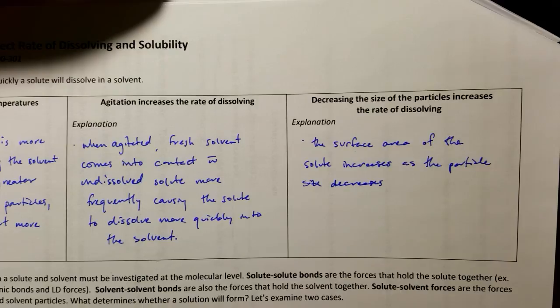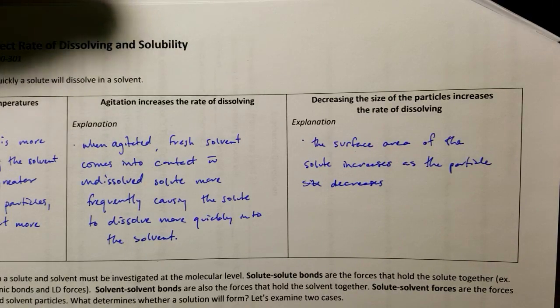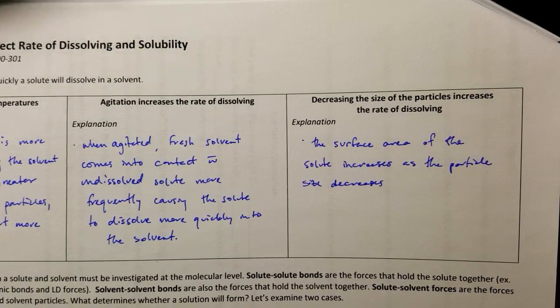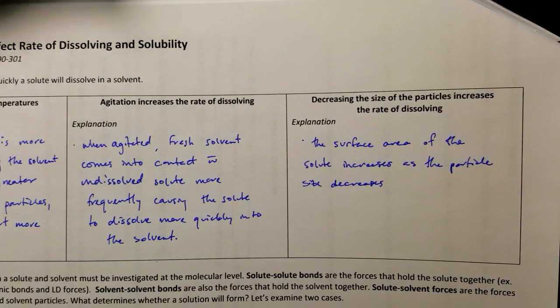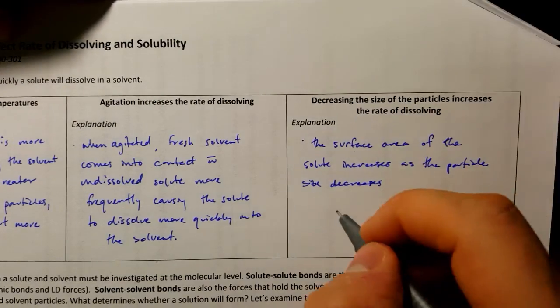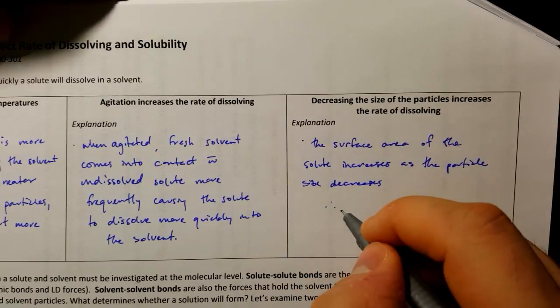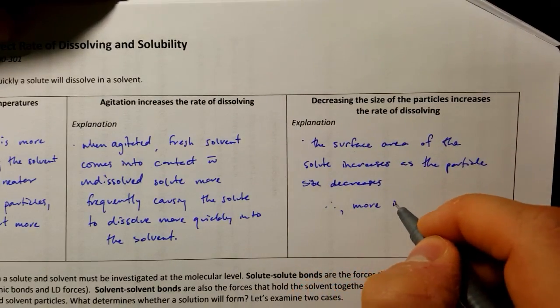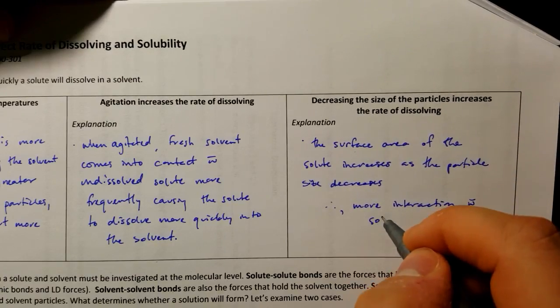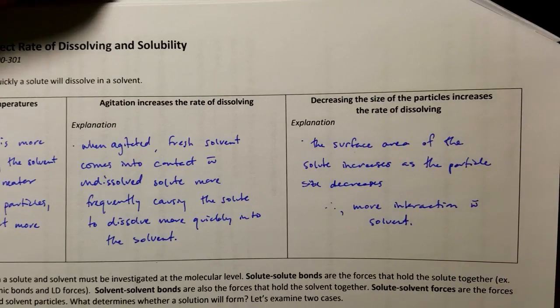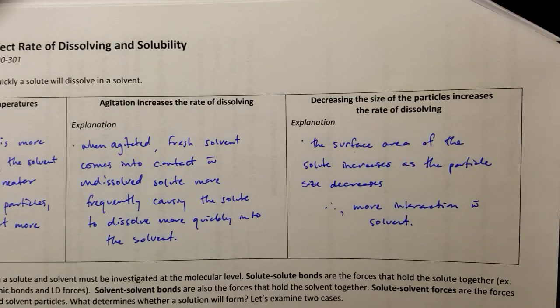What we mean is, if we had 1 gram of solute broken up into tiny particles, then all those particles have surface area that can come into contact with the solvent, which would cause it to dissolve faster. So therefore, more interaction with solvent, and so it's going to get pulled into solution much more easily.